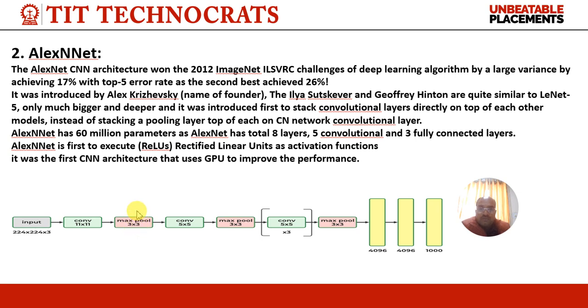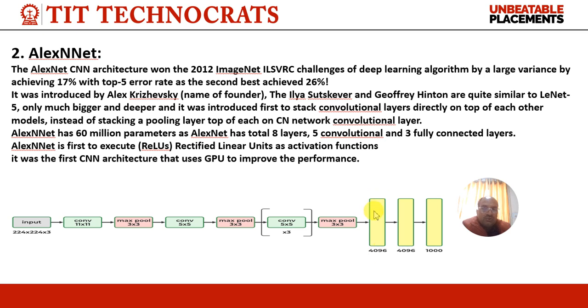The pooling filter size is 3 x 3. Next we use convolution and max pooling, and a third time we use a convolutional operation with filter size 5 x 5 and max pool 3 x 3.